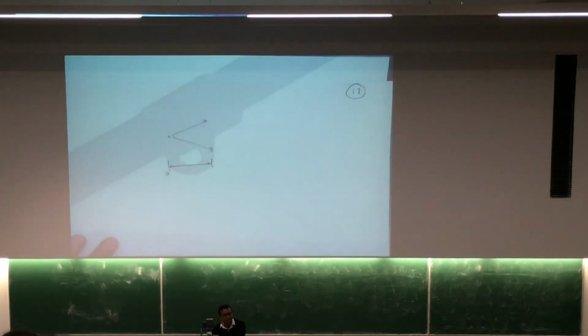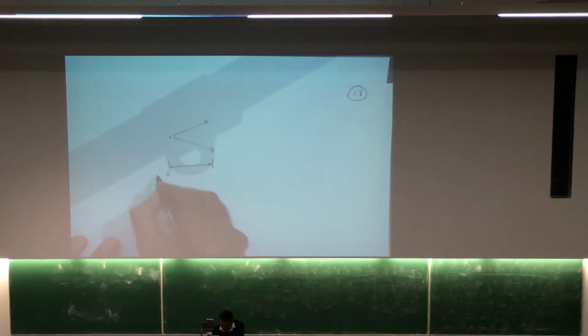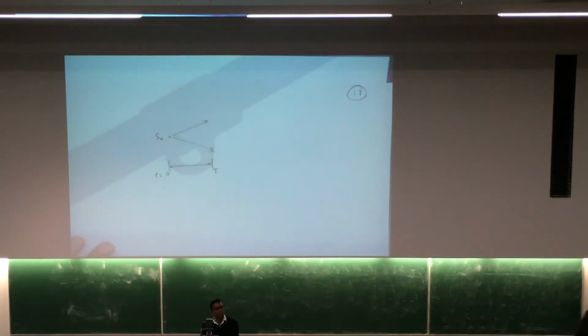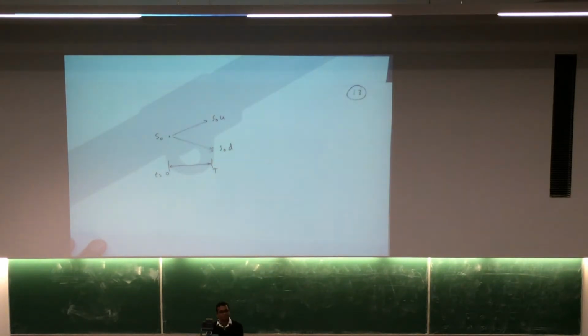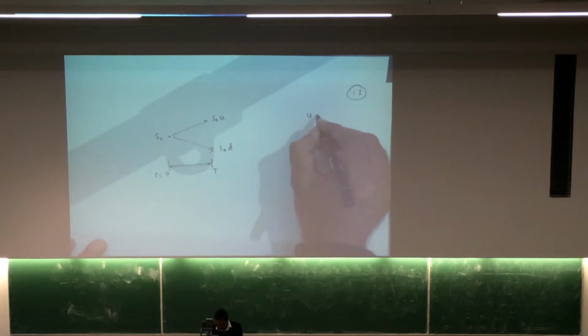So let us say that you are going to sell the option at time equals to 0 and the tenure of the option is going to be T, the capital T, and at the moment when you are pricing the option, the underlying stock value is S0, just simple notation, and it might go up by S0 times U, or it goes down by S0 times D, where U is greater than 1 and D is less than 1.